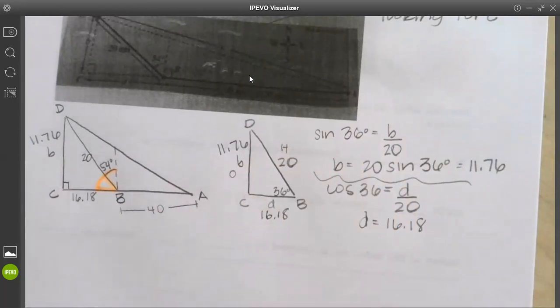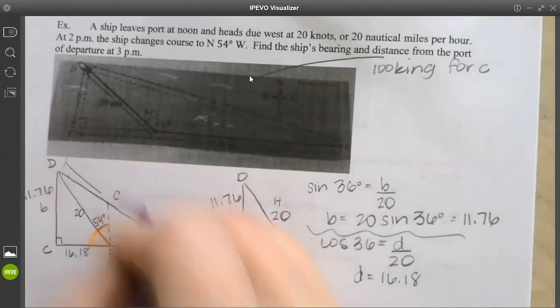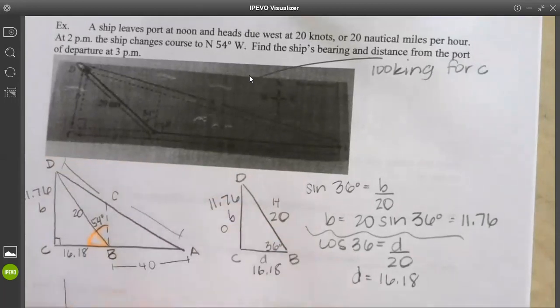All right, what else? What do we need to find essentially? What did I say we were looking for? This big long hypotenuse, right? So now I'm going to take the big triangle, which is A, C, and D. I know that this is 90.